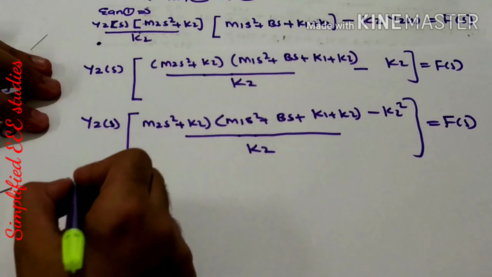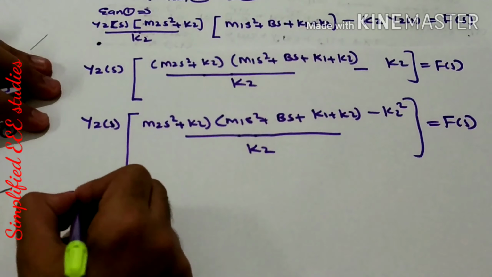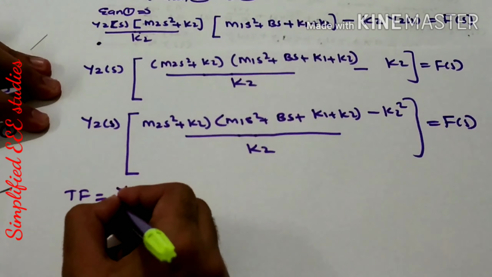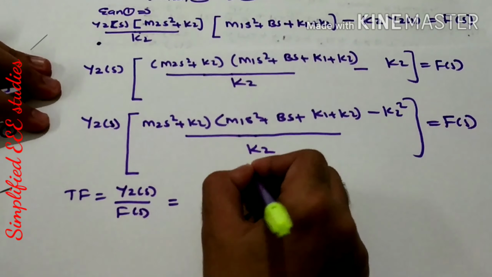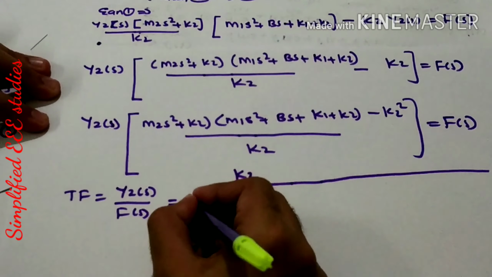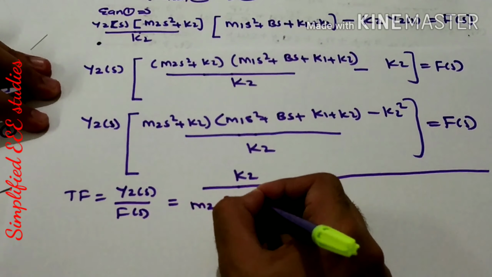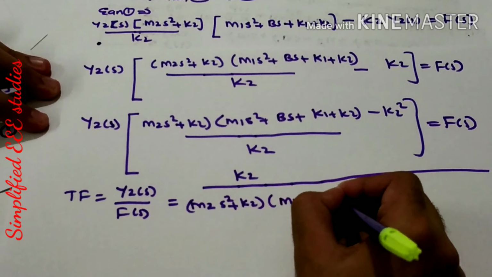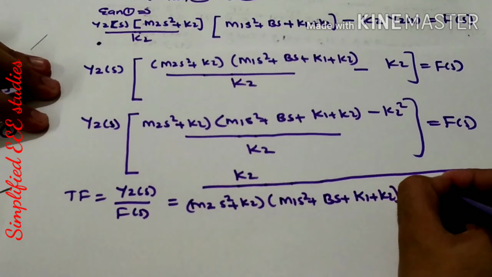How can we take Laplace transform of output to Laplace transform of input? Very easy. Transfer function is given by Laplace transform of output, y2 of s, divided by Laplace transform of input, f of s. You can directly write from this relation: k2 divided by m2 s square plus k2 into m1 s square plus bs plus k1 plus k2 minus k2 square.